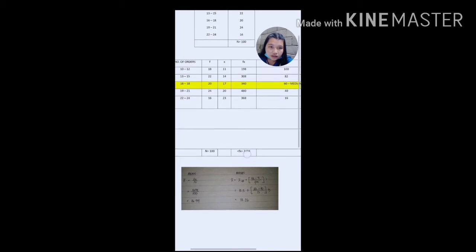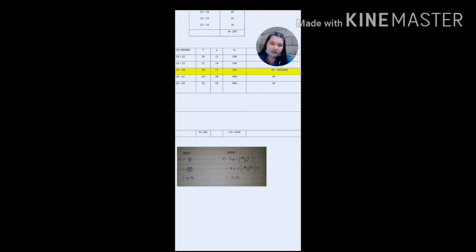Then from the computed n over 2, subtract the cumulative frequency before the median class, which is 40. So it is 50 minus 40.